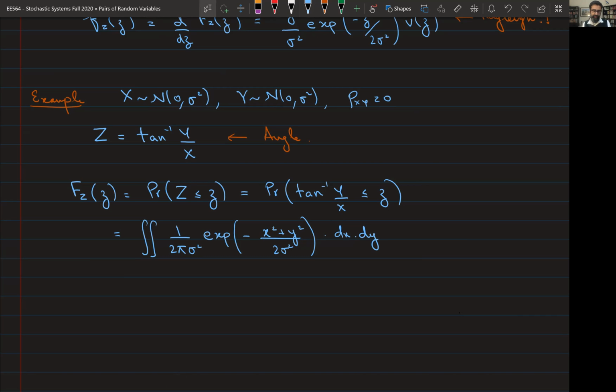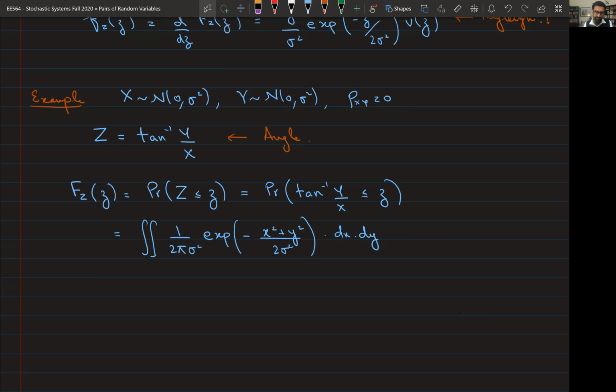Where did correlation go? They're uncorrelated, so good, they're independent. Which is why exactly, it will be a product. So the product of the marginal PDFs gives you the joint PDF. All I've done is multiply two Gaussian PDFs together, the PDF of X and the PDF of Y, and this is the joint PDF that I get.